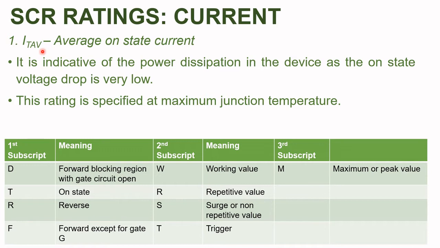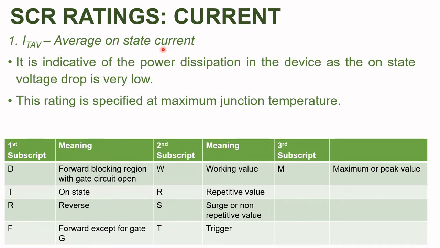The rating is again specified at maximum junction temperature. Whenever the SCR is under the on state, the power loss occurring in the SCR is majorly governed by the value of average on-state current.